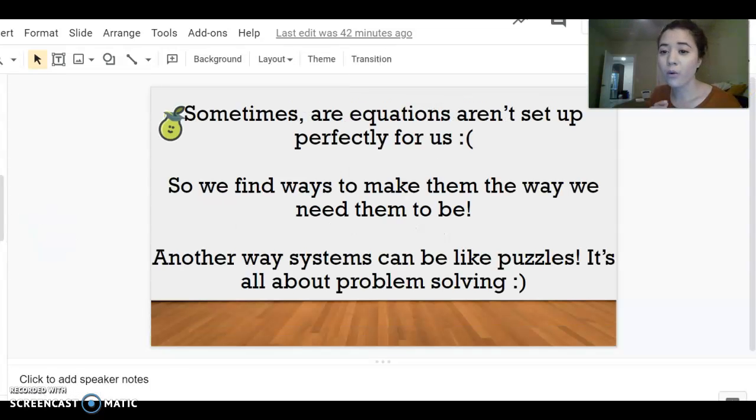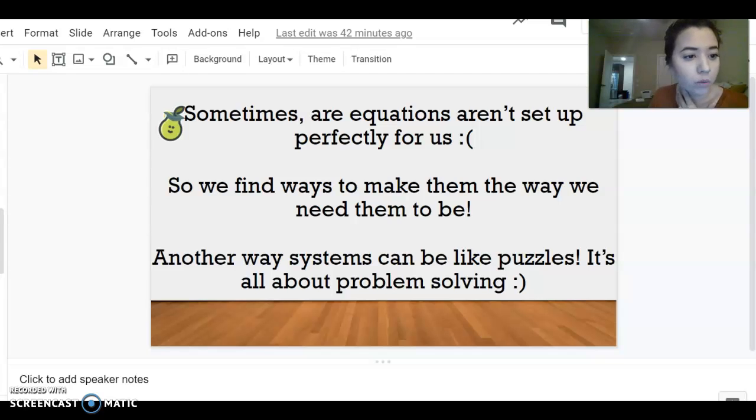Sometimes we aren't given equations that are set up perfectly for us. And so we find ways to make them be the way we need them to be. So this is another way that systems can be like puzzles. It's all about problem solving and trying to figure out ways to maneuver and change the equations to make them be set up how we need them to be.